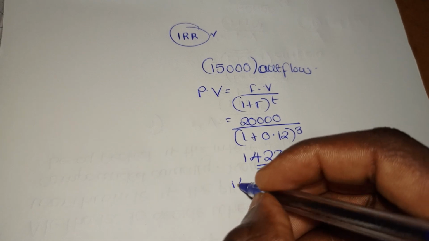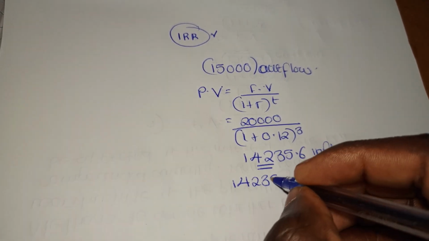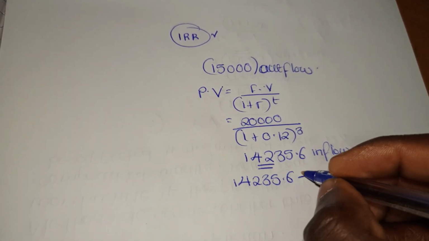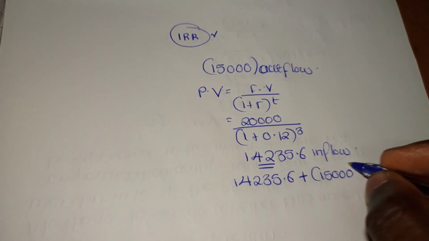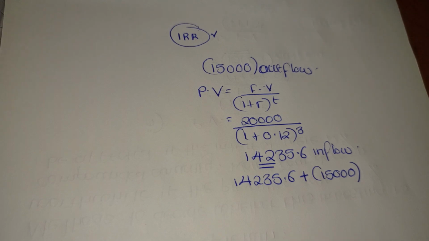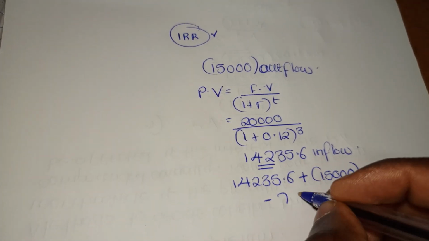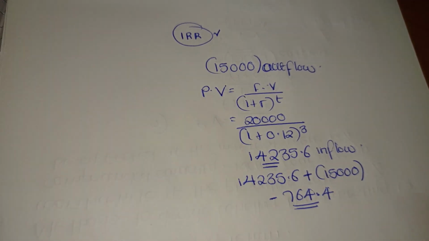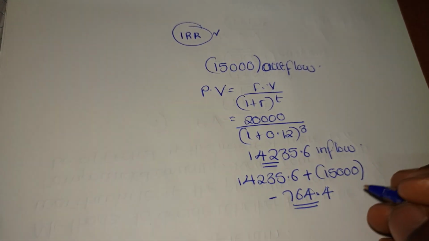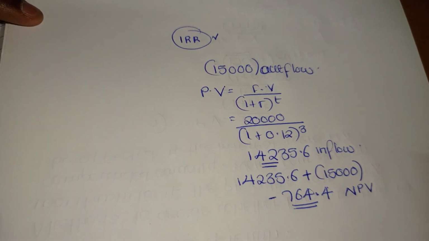So when you subtract the outflows from the inflows, you will get a negative amount. So you will say 14,235.6 minus the 15,000. You will get your answer to be negative 764.4.